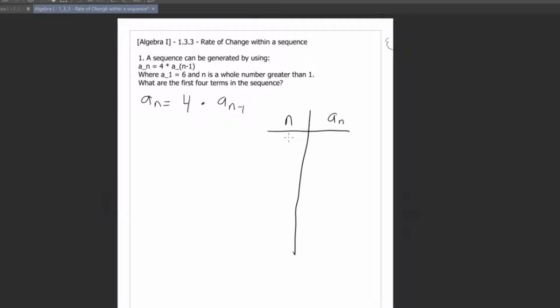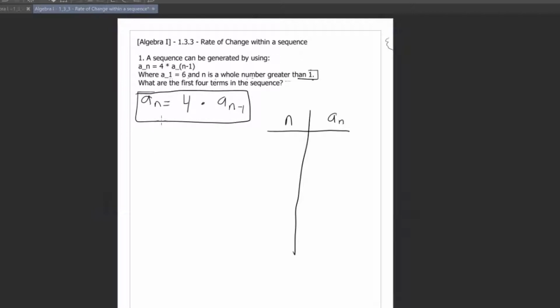So we got n equals 1. Well, it is giving this to you here. I'm repeating this statement here, where a sub 1 equals 6 and n is a whole number greater than 1, right? So we have this equation. I'm going to box this. And this is the equation we're following.